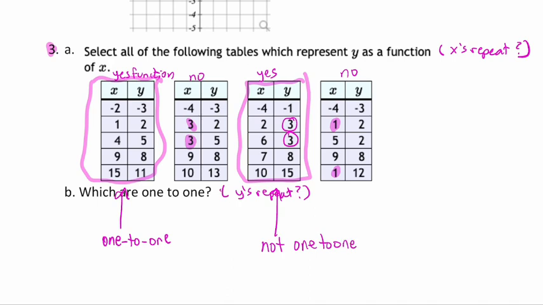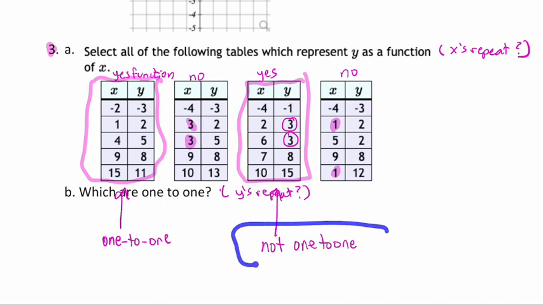Okay, so there are 2 that are functions, 2 that are not. Of the 2 that are functions, one of them is one-to-one. Any questions about that one? Okay, so if the x's repeat, it is not a function. If you find it's a function and the y's repeat, it is not one-to-one. So here we had a repeat in the y's.